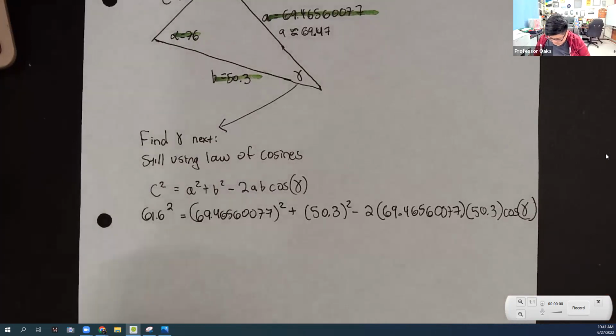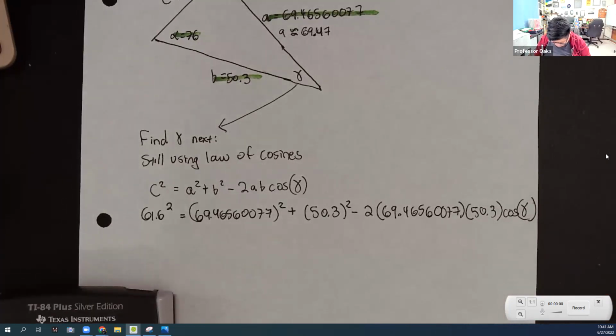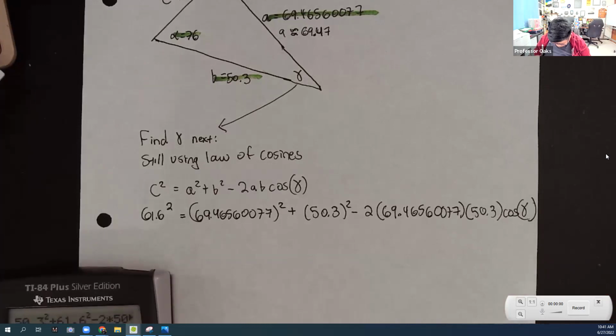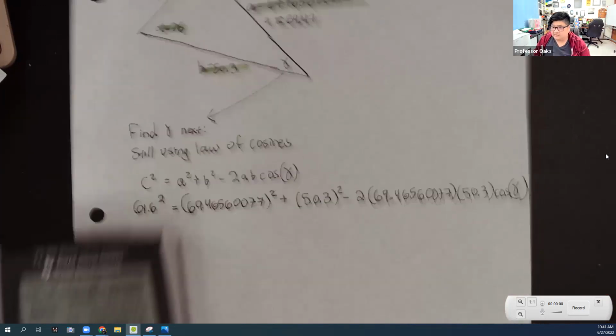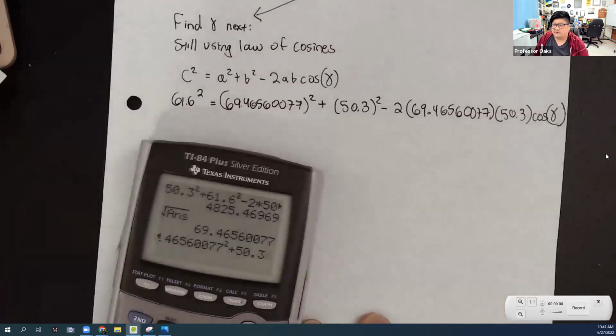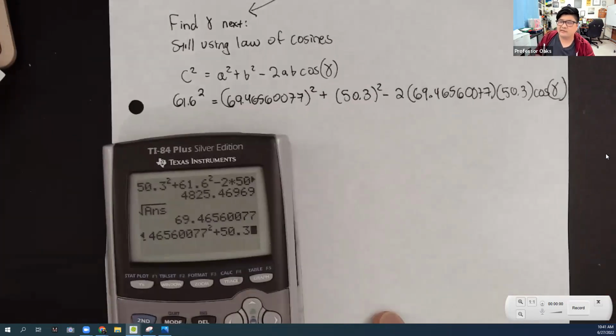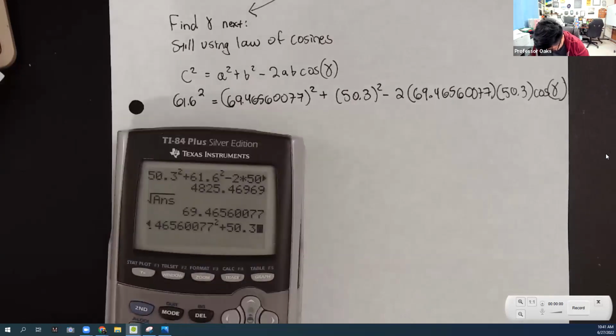And then I can go and simplify this. So if I take that number squared plus the 50.3 squared.